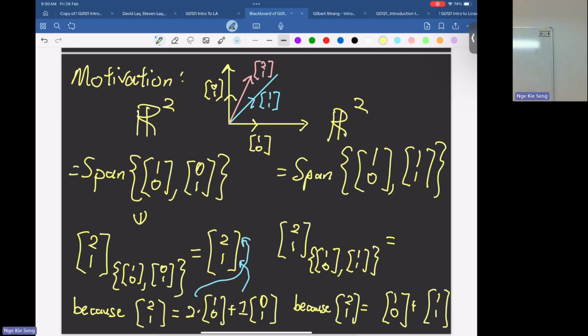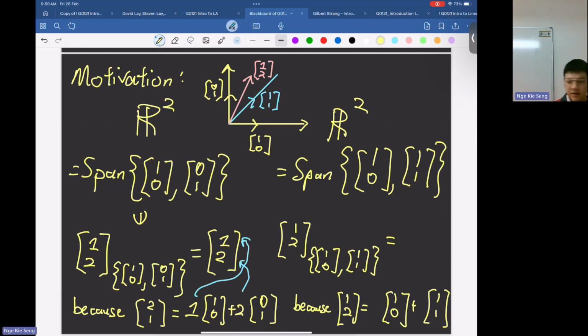Oh, sorry, I picked the wrong vector. I don't want (2,1) here. I should want (1,2) here, so that it goes higher. So let's change this one. Okay, so if I want to find the coordinate vector for (1,2), what happens?